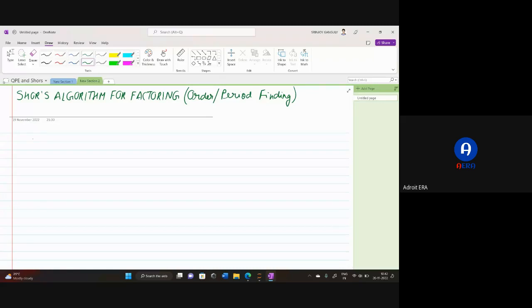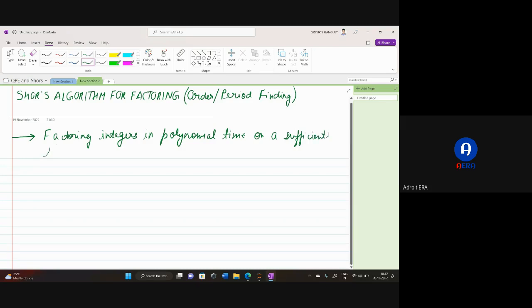So this algorithm will be factoring integers in polynomial time on a sufficiently large quantum computer.